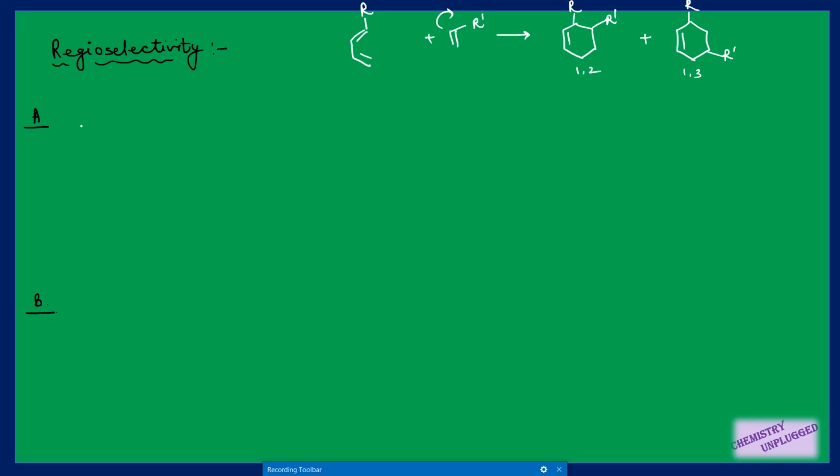So first we will take the same scenario, that I have a substituent at the first position, and this is my dienophile and it is attached with CO2R dash. Right. So again I will say that there will be two possibilities. I can have the 1,2 product, or I can have the 1,3 product.